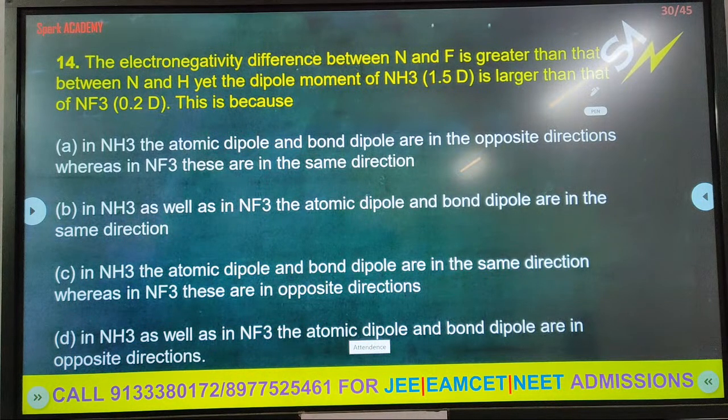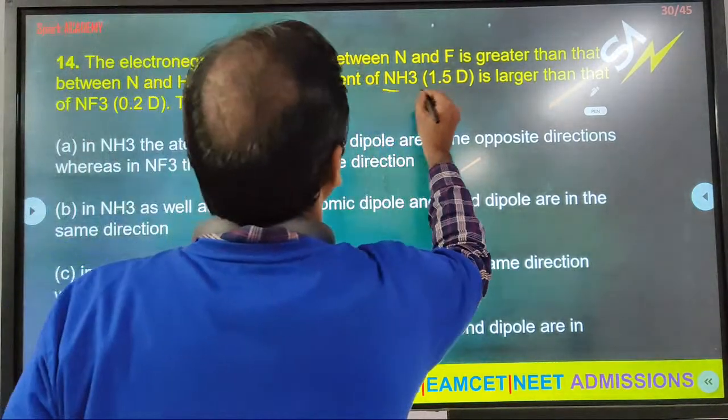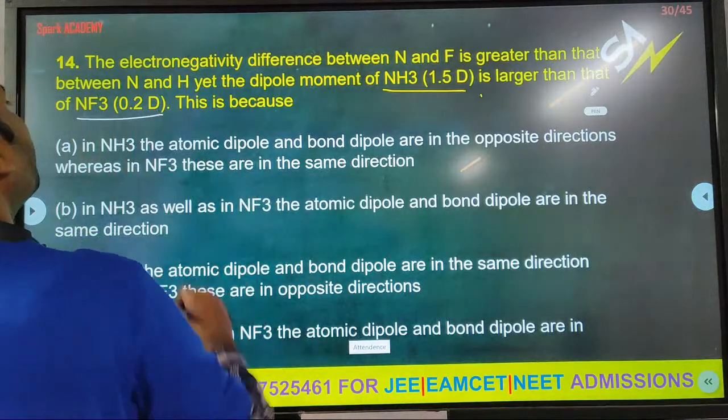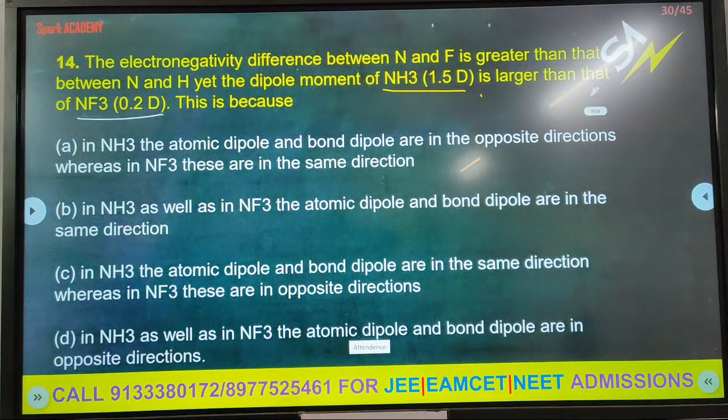So here the dipole moments of NH3 and NF3 are given. Why is there a difference? They are both nitrogen molecules, but why do they differ? Because above, hydrogen is there; below, fluorine is there. The surrounding atom differs, so they have different electronegativity. Then what is the reason?